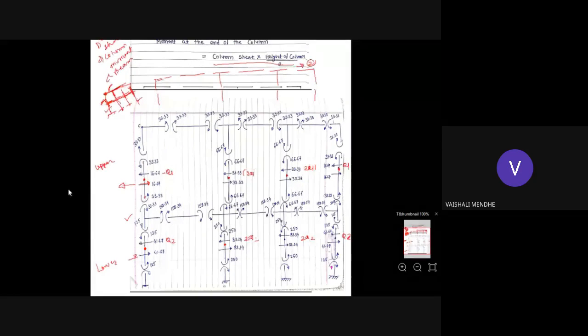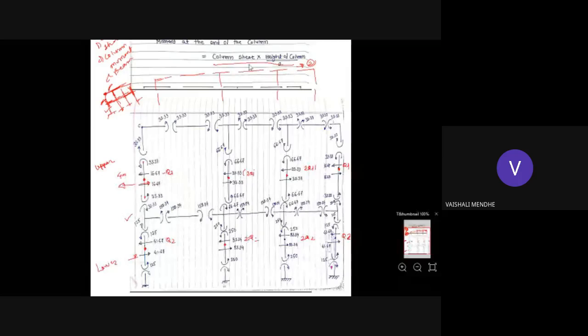4 meters. This height of the column is 4 meters. For every column the height is the same. So height of the column divided by 2 into column shear. So what is the column shear? Column shear is 16.67 into 4 by 2, that is 2. So how much is it? 33.33.